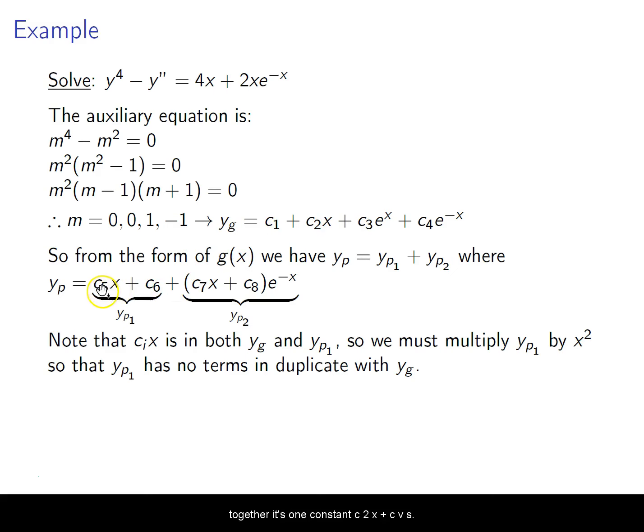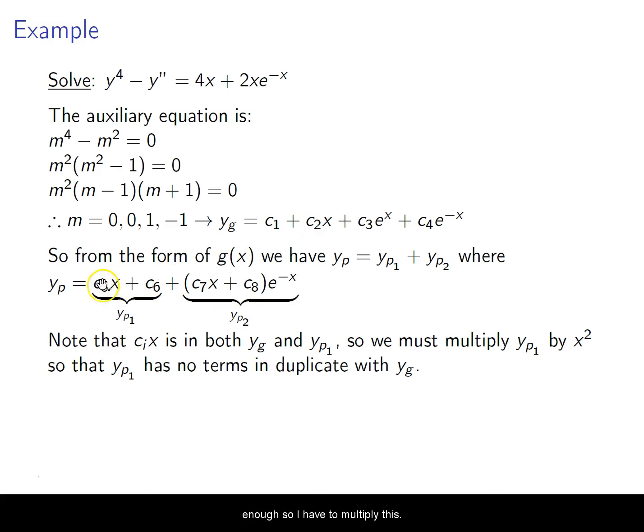C2x plus C5x, that's one multiple of x, right? So I need to bump this one up so that it's no longer equal to this. If I multiply this by x, I get x squared plus x, but I still have a constant multiple of x here, so that's not enough.